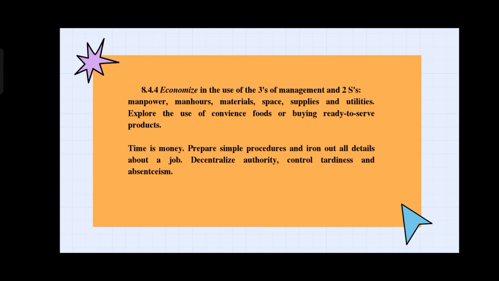Then refer to appendix G for substitute ingredients. Then another important thing is time. Time is money. Why?